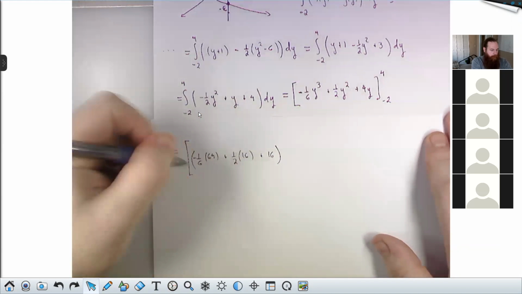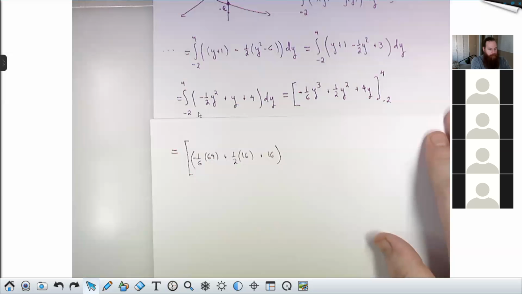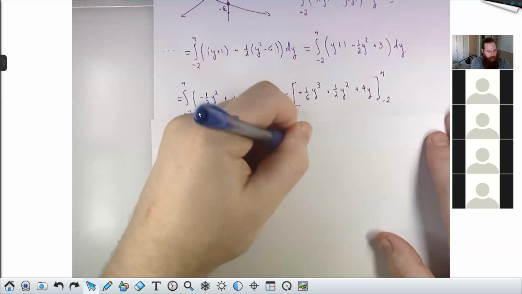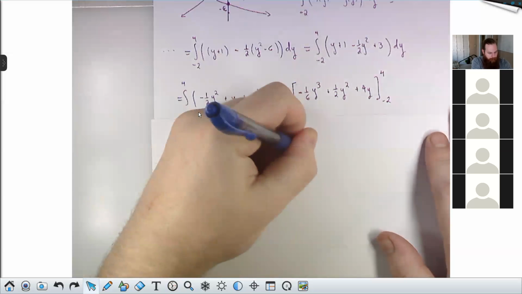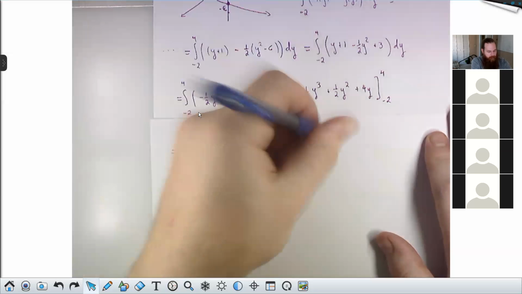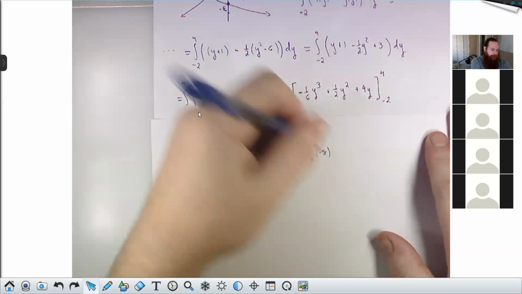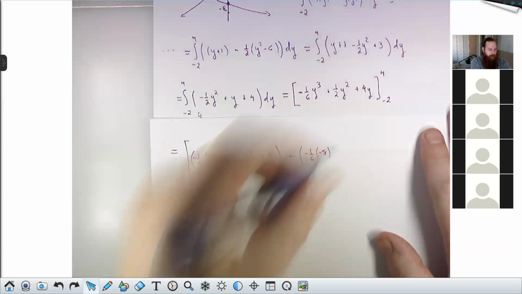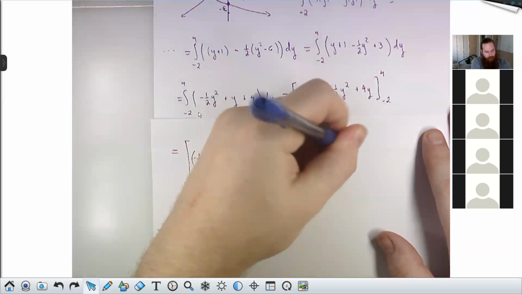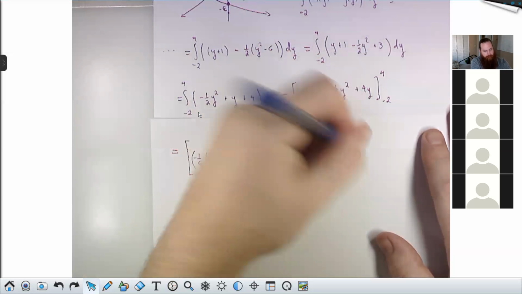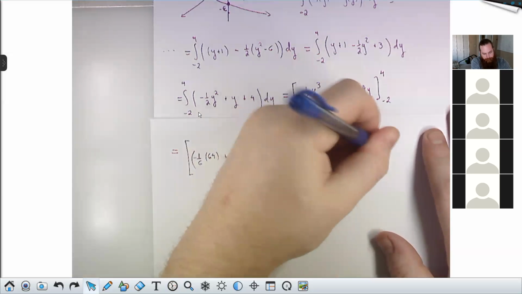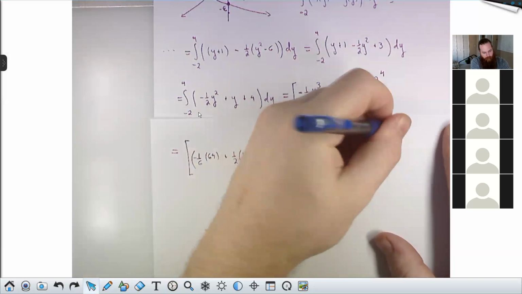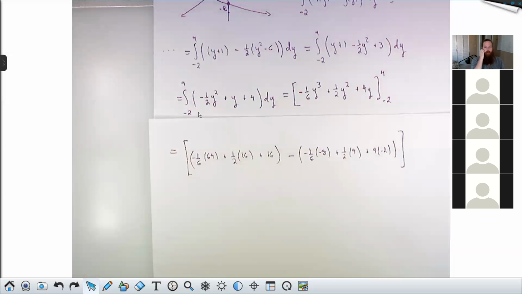So here's what I get at my upper bound. And I'll subtract from that what I get at my lower bound, which is negative 1/6 times negative 2 cubed. 2 cubed is 8, so that's negative 8. Plus 1/2 times negative 2 squared. Negative 2 squared is 4. Plus 4 times negative 2. So that's what the evaluation step looks like.